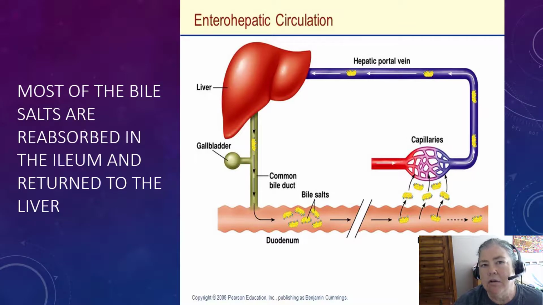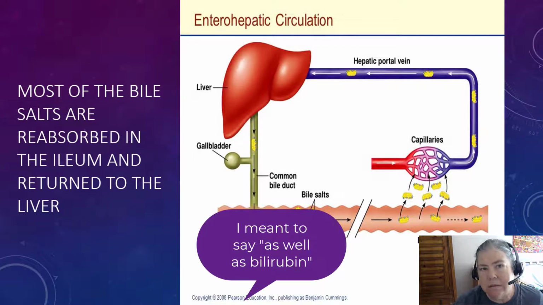And you'll see urobilinogen on a urine dipstick. It's one of the things that we are looking at, as well as bile itself.